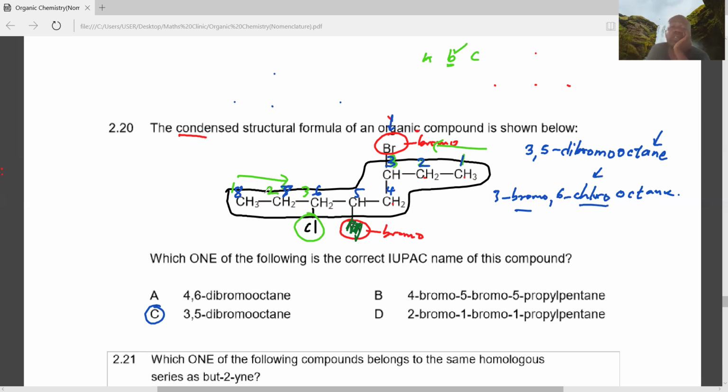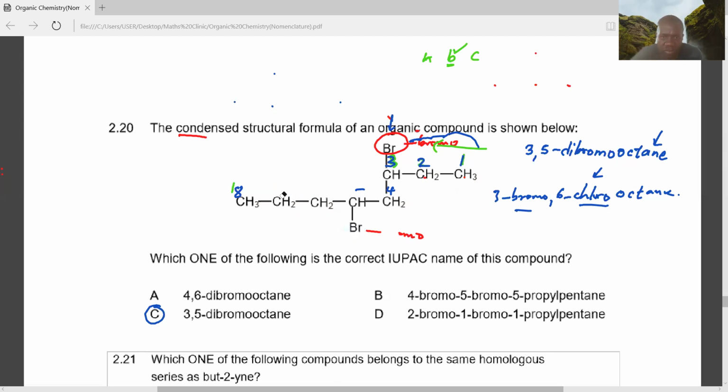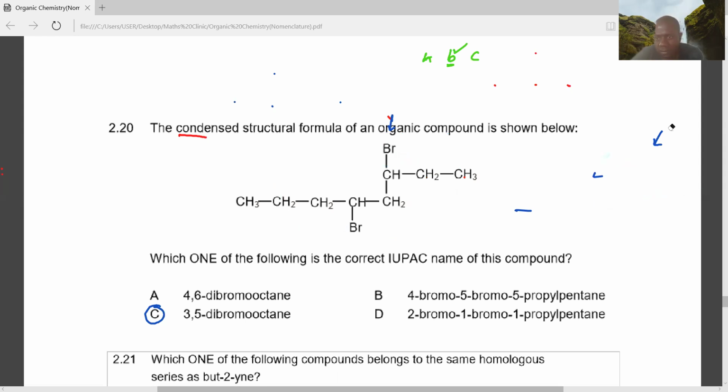So when they're at the same end, we consider the alphabetical order. I believe you are following. This was just an example where I added chlorine instead of the bromine. Okay, the answer is C. Let's move on.